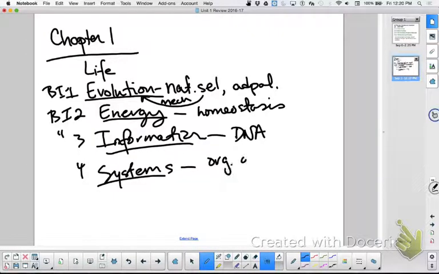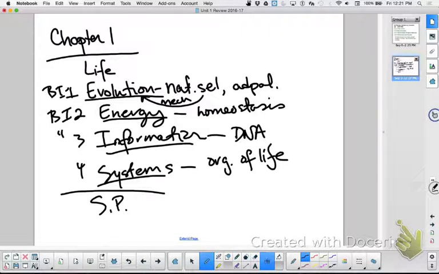Yes. Okay. We also talked about emergent properties and cooperation, and then we finished up this whole unit on the science practices. Okay, and we went through all of those, and then the big focus is the scientific method.